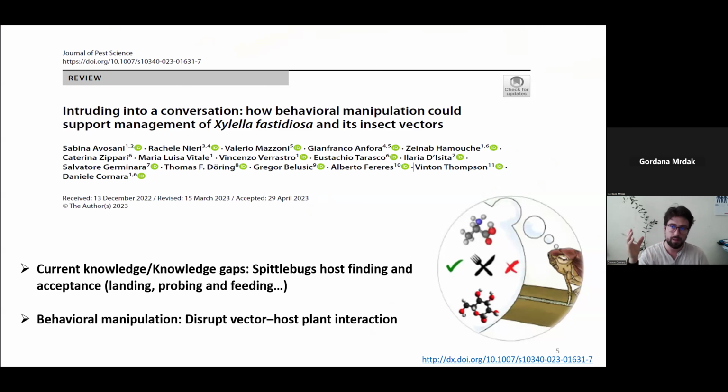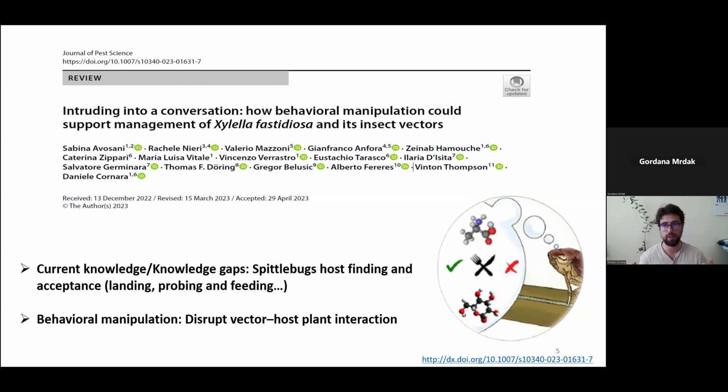Currently, the control of Xylella fastidiosa, at least here in Italy, is based on the removal of infected plants and on vector control, mainly through two strategies: ground cover removal and insecticide treatments. But we have two problems. Ground cover removal and insecticide treatments are not a sustainable strategy over the long term.